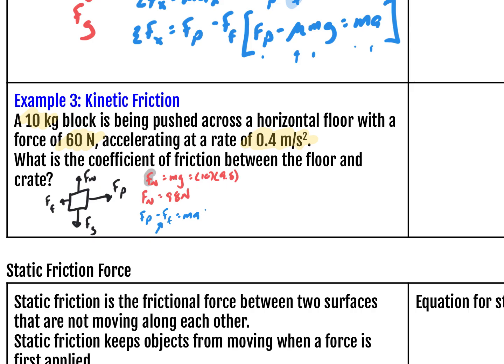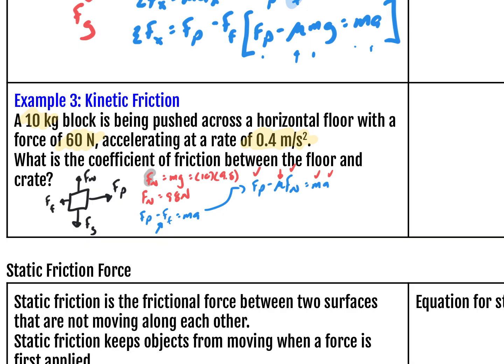So I'm going to go ahead and finish this out. The push minus the mu mg, or the normal force. I guess I can leave the normal force there since I already found it. Equals ma. So notice we know all of this information, which allows us to throw that in there.